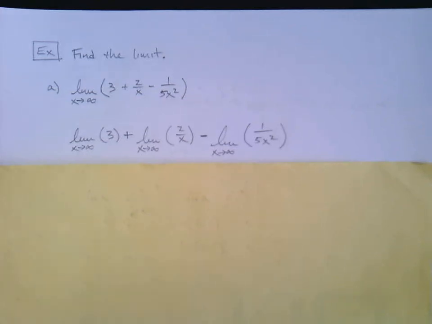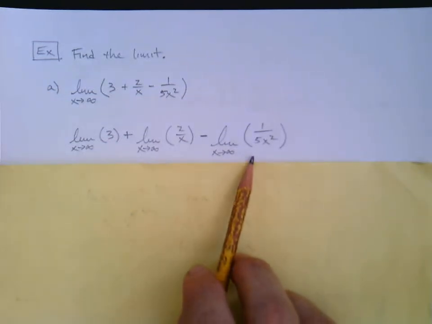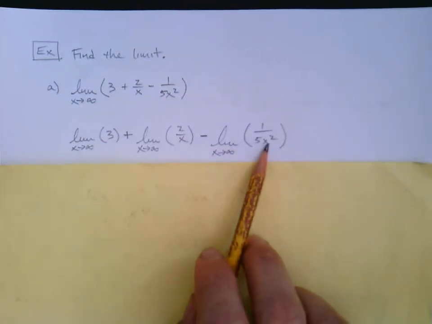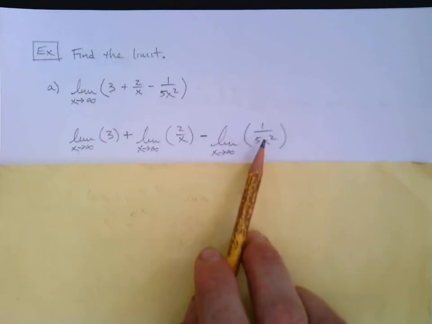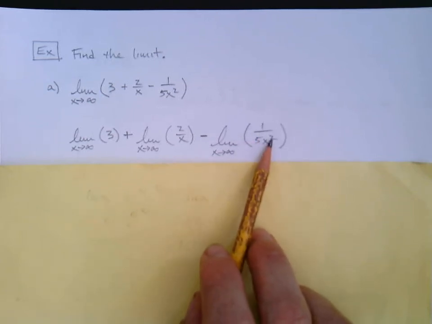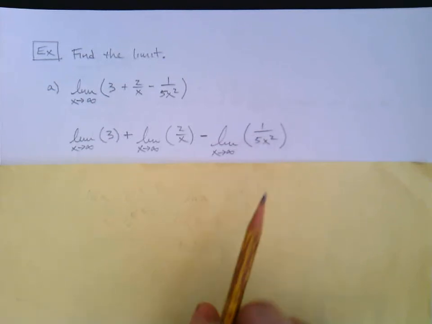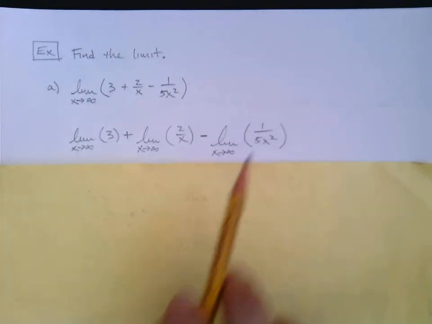It's headed towards 0. And then finally, this last one, well, now we've got a square. So as x is getting larger, this denominator is getting really big, really fast with the square. So 1 over 5x squared, with our denominator getting very, very big, that's headed towards 0 as well.